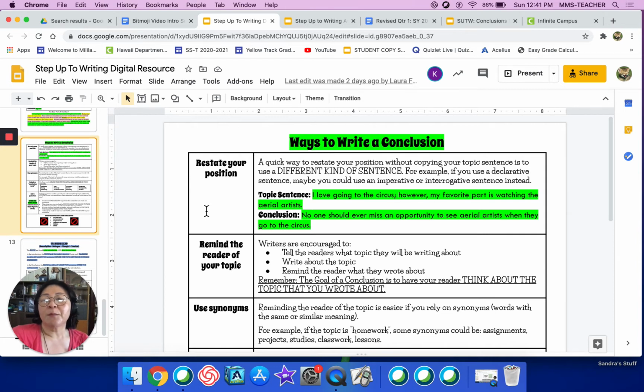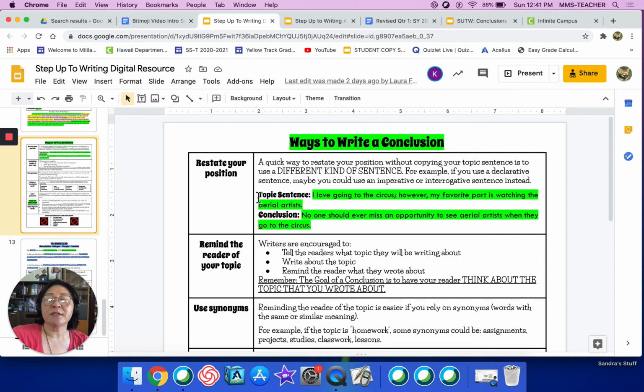So one of the ways you write a conclusion is that you will restate your position. So a quick way to restate your position without copying your topic sentence is to use a different kind of sentence. For example, if you use a declarative sentence, do you remember that? Maybe you could use an imperative or an interrogative sentence instead.